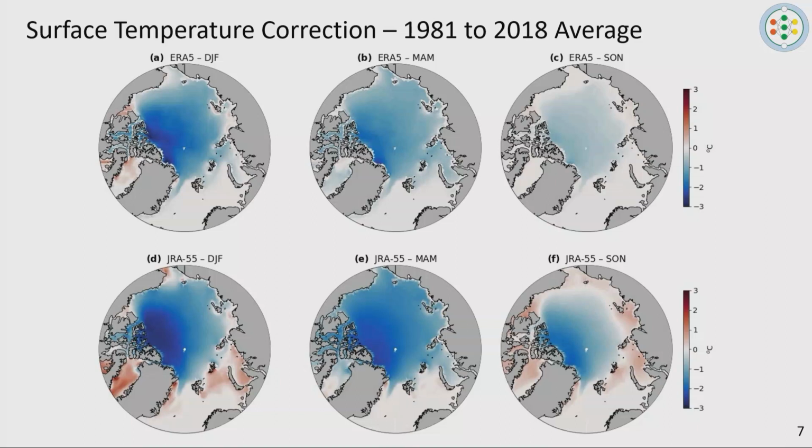And I think this is very nice, and you don't necessarily get that when you climatologically correct for these issues. And you see that in particular in fall when you don't have a lot of snow, this positive correction manifests itself in peripheral seas in the Arctic.